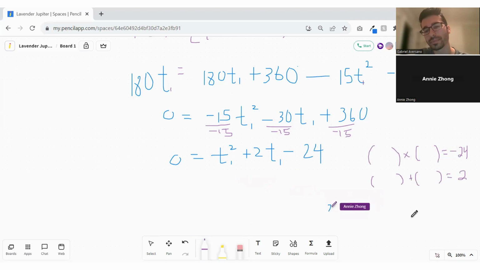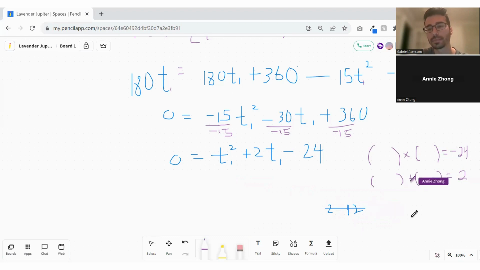If I try 2 times 12, negative 2 and 12 will give me 10. And if I have 2 and negative 12, it will give me negative 10. So I know that one doesn't work. I can cross this out.